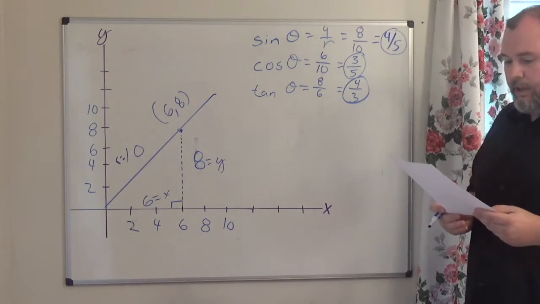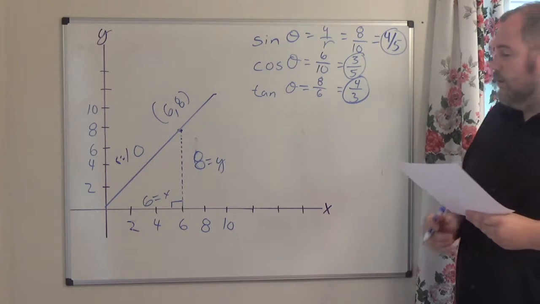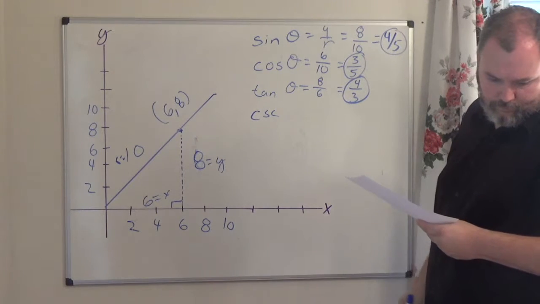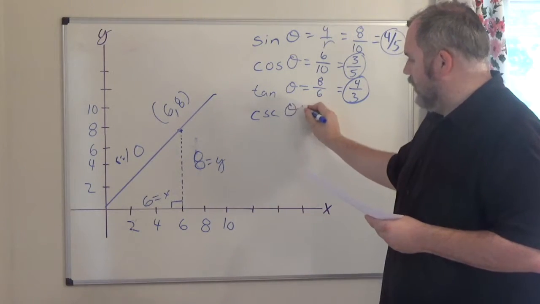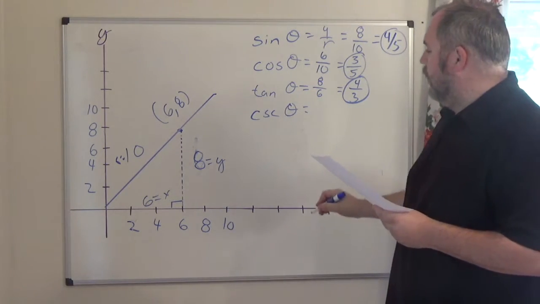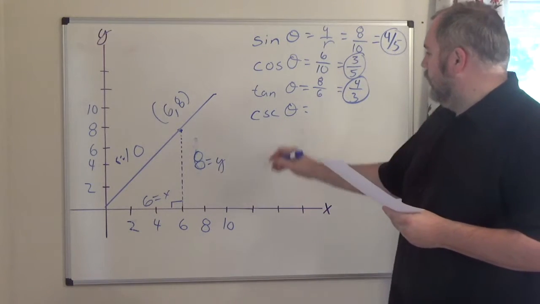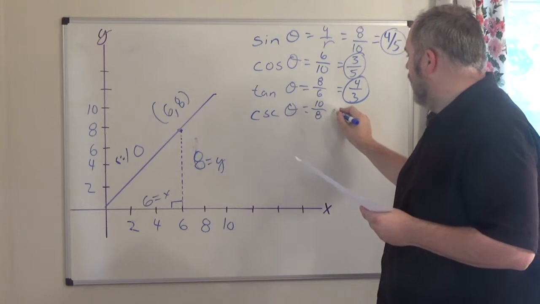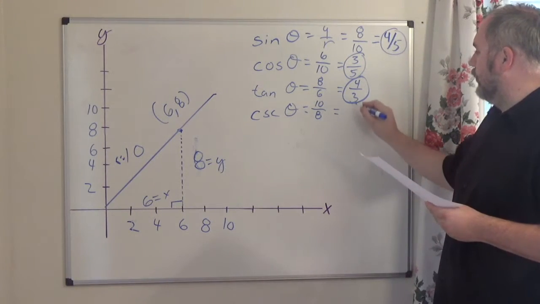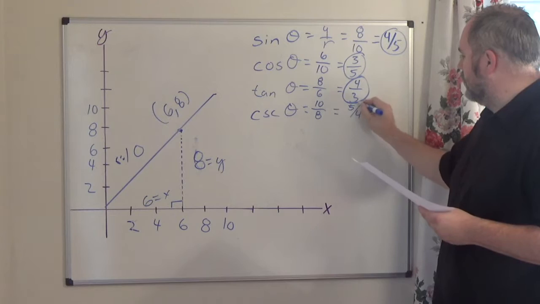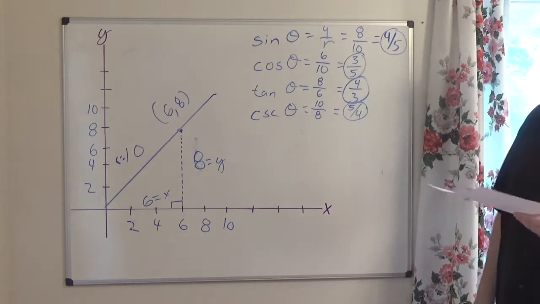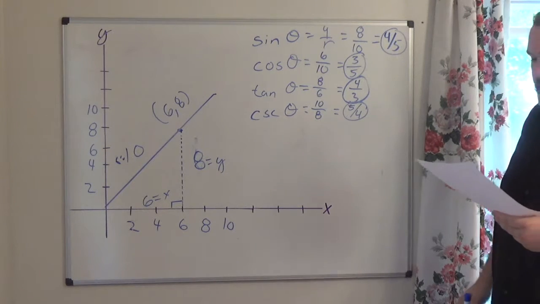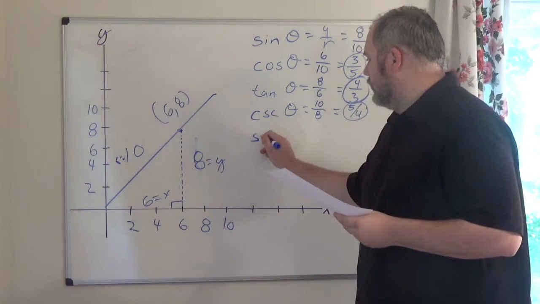The next one is cosecant of theta. Well, cosecant is r over y, so it's going to be 10/8. Well, that can be reduced to 5/4. Next one that we have is secant of theta.